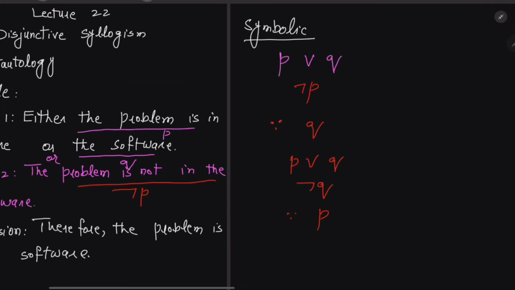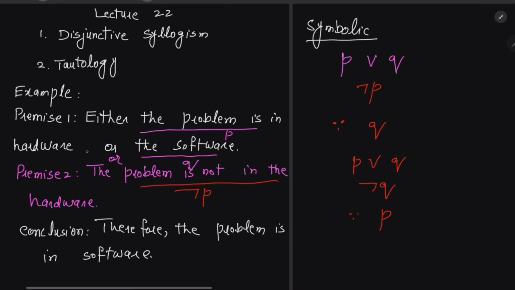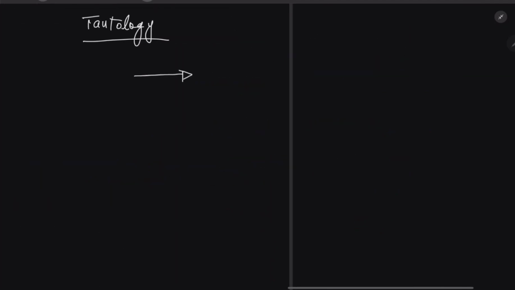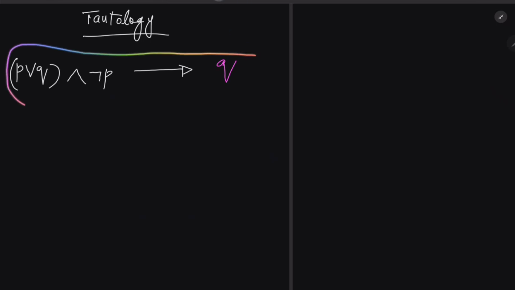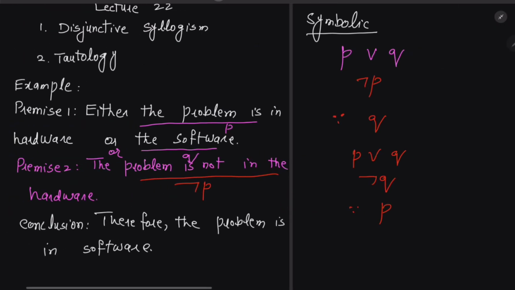So the first thing is, if you combine premise 1 and premise 2, you can say that first we had the statement P or Q, then it should be combined with "and" the statement not P, then the conclusion is Q. So this is the very simple way to write the tautology of disjunctive syllogism.